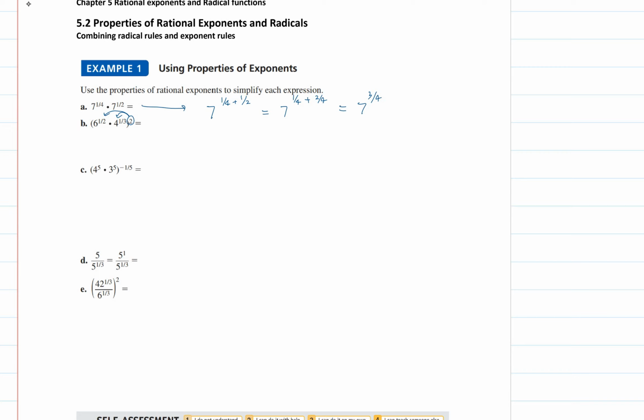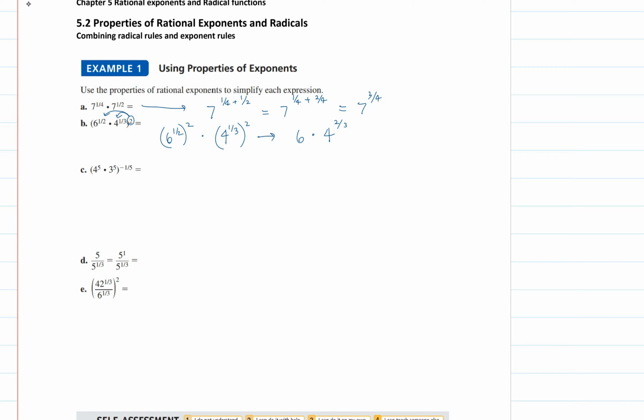So if I have 6 to the 1/2 squared, and then 4 to the 1/3 squared, I end up with 6 to the 2 over 2, or 6 to the 1 power, times 4 to the 2/3, because when I multiply a whole number 2 times 1/3, I get 2 over 3. Let's look at example C.